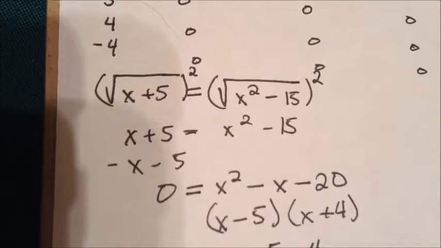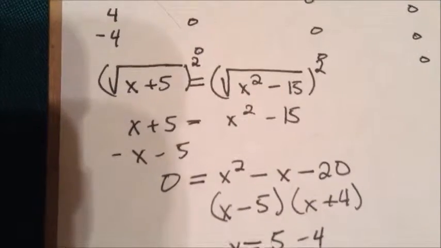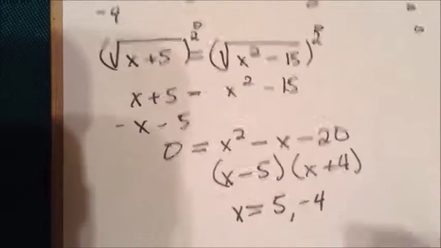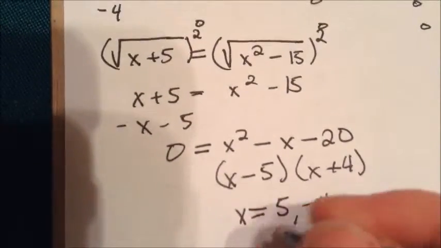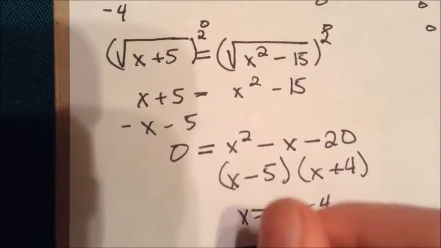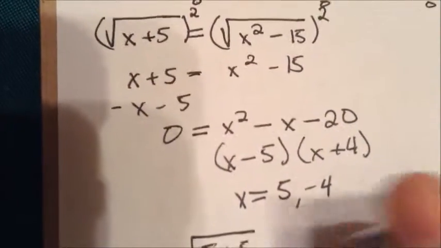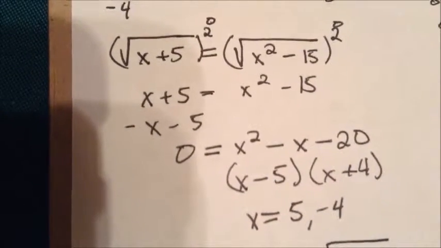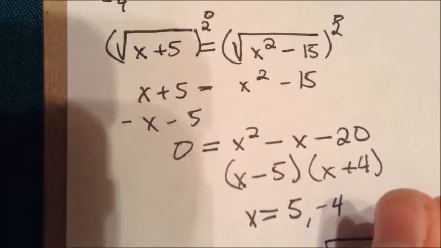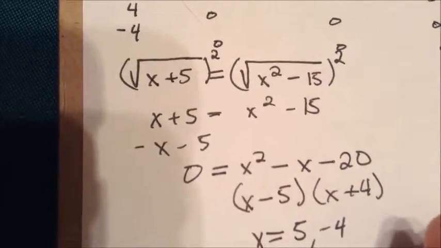Now we must plug them back in. So we plug 5 in. So square root of 5 plus 5 equals square root of 5 squared minus 15.